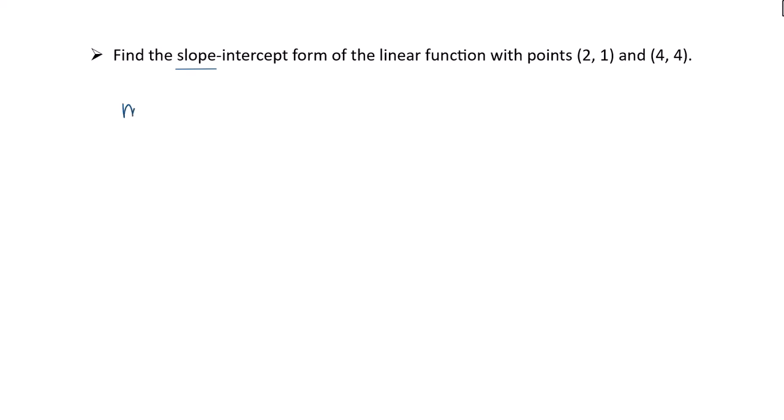So we'll go back to our slope formula and use the 2 points that we have to get a slope. So slope is going to be our y sub 2 minus y sub 1 over x sub 2 minus x sub 1. So that's 3/2. M is 3/2.